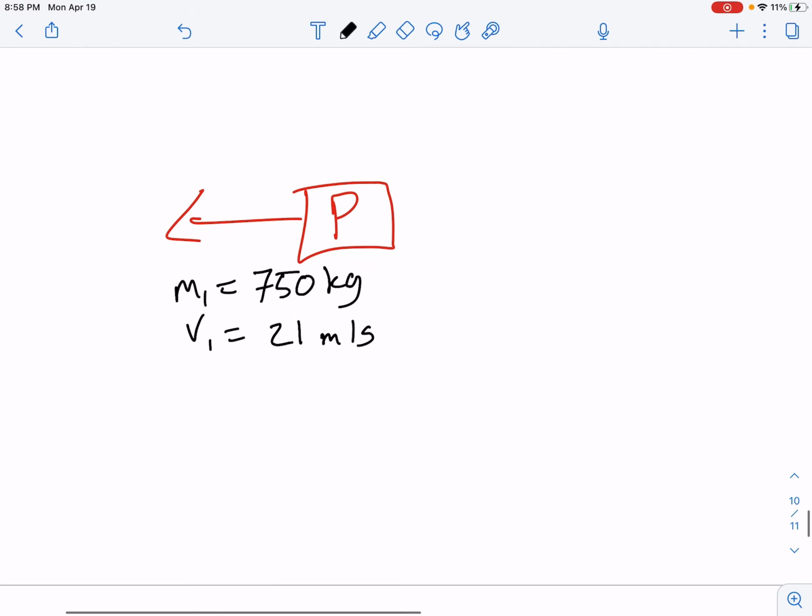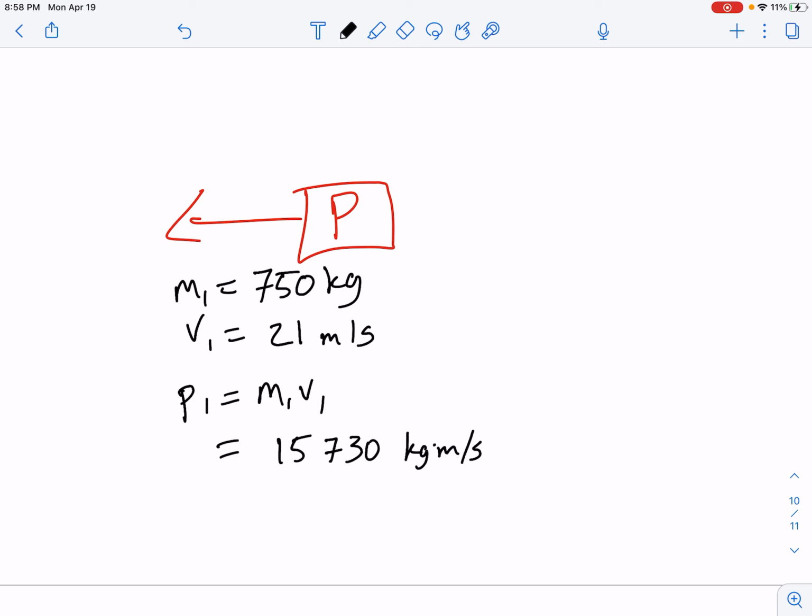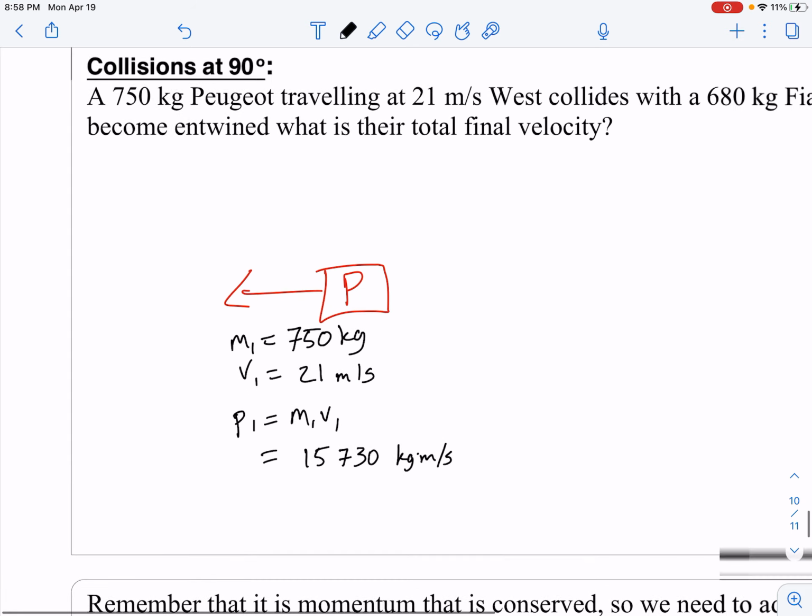We can figure out its momentum, which is just going to be mass 1 times velocity 1. That's going to be roughly 15,730 kilograms meters per second. So just very quickly, we're able to figure out what the momentum of the first car, the Peugeot, is.